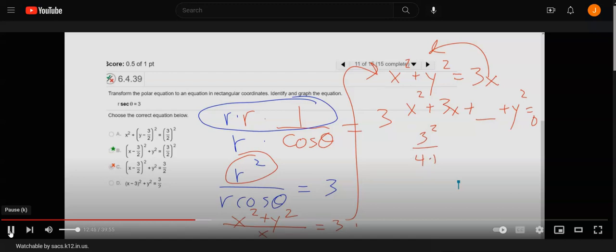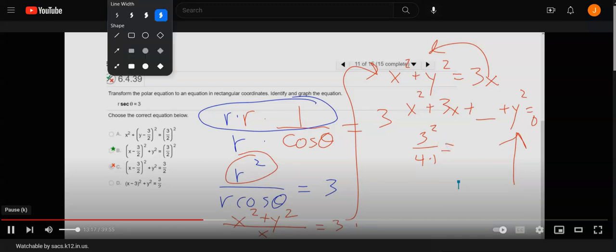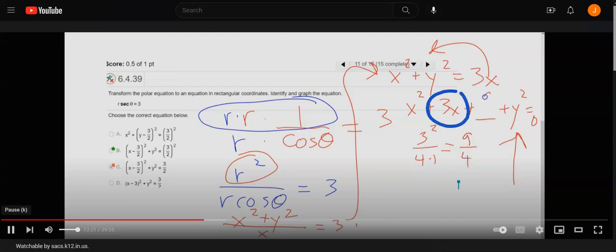Anyway, do b squared over 4a, that gives me 9/4. The y's don't need to be completed because they already are perfect. How do I know when something needs to be completed? It's when there's a linear x term, like that one.